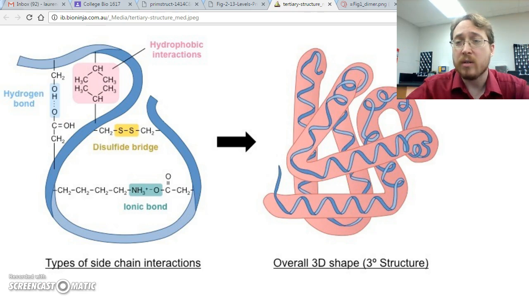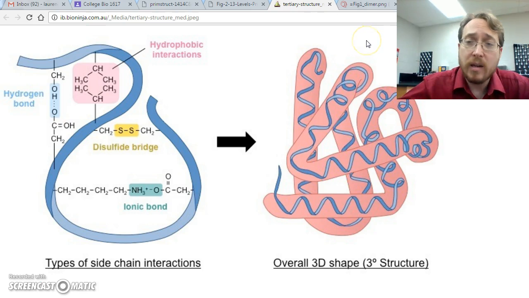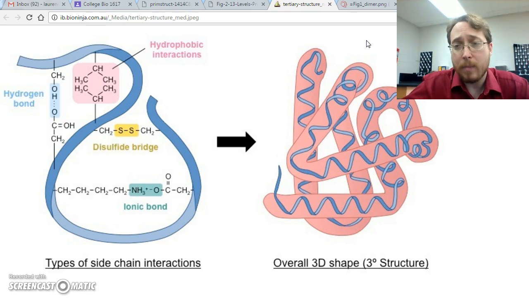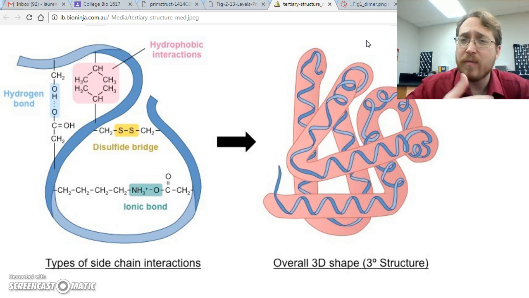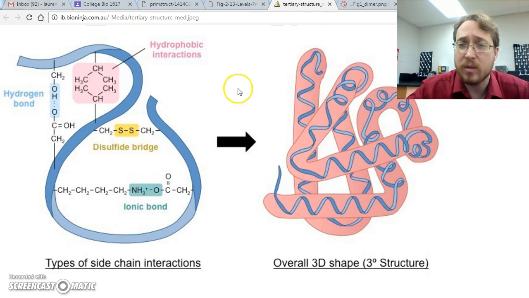Tertiary structure is essentially everything else. Once the secondary structures are formed, you still have a polypeptide, and the rest of that polypeptide is made of amino acids, and they will also fold, and they have some more complex things going on. In addition to hydrogen bonds and hydrophobic interactions, there can be covalent bonds between sulfur atoms that show up, and there can be ionic bonds that show up.